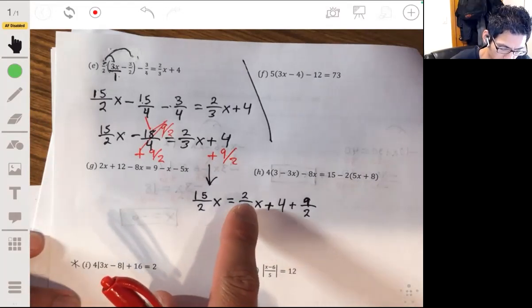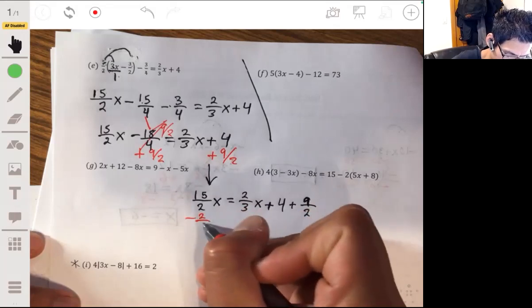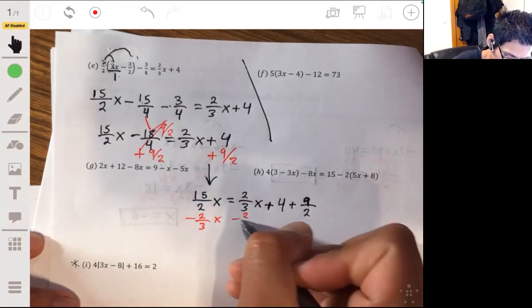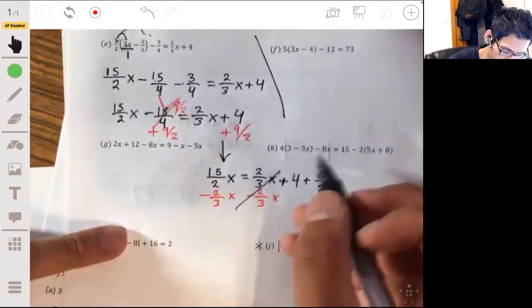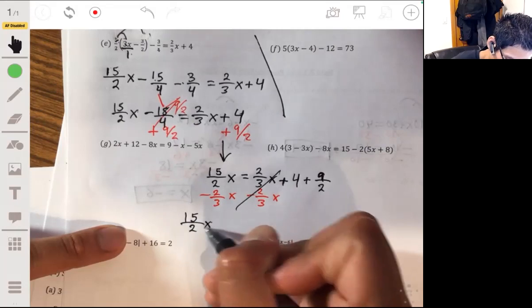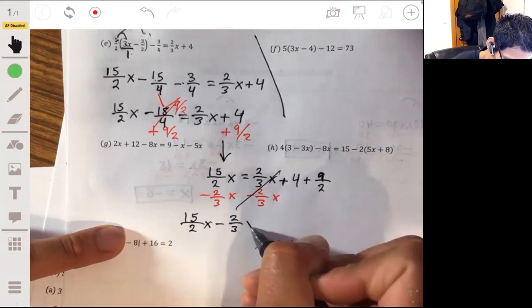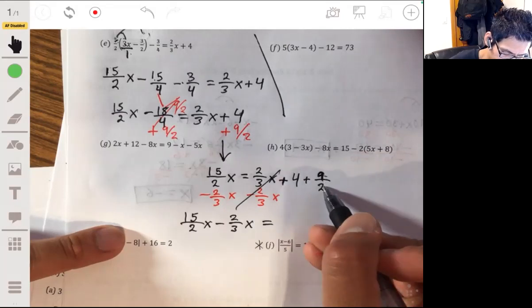Now, let's first subtract 2/3 x from both sides. Then we'll get 15 halves x minus 2/3 x equals 4 plus 9 halves.